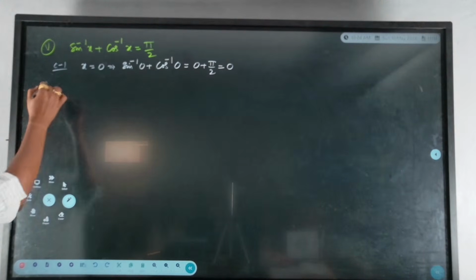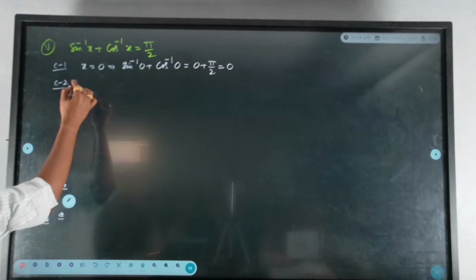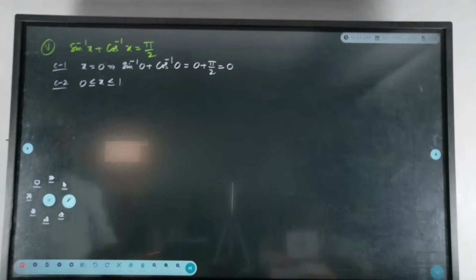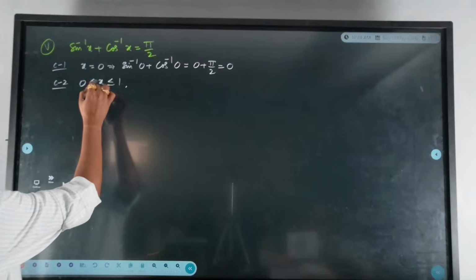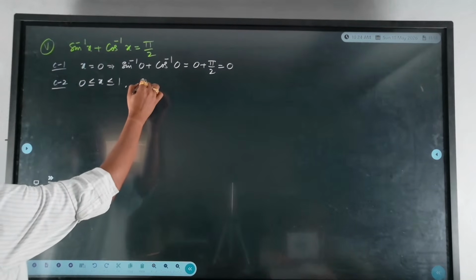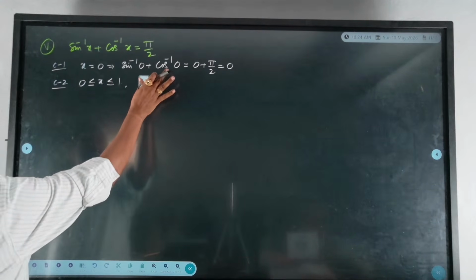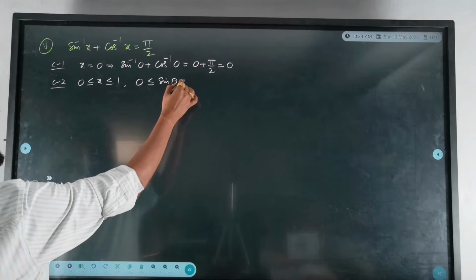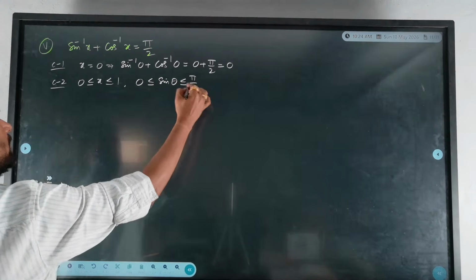Okay. Case 2: 0 less than or equal to x less than or equal to 1. So in this interval, 0 less than or equal to sin inverse x less than or equal to pi by 2.